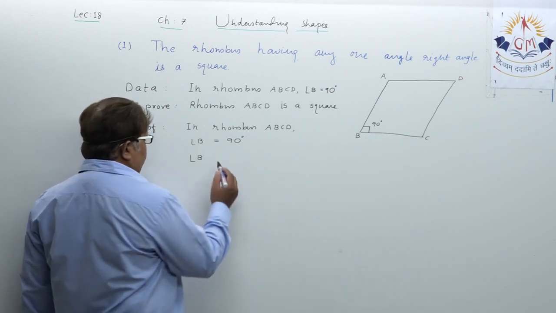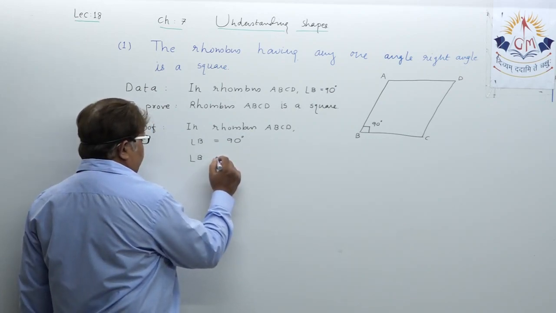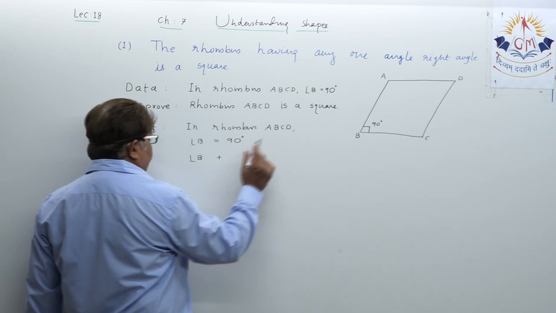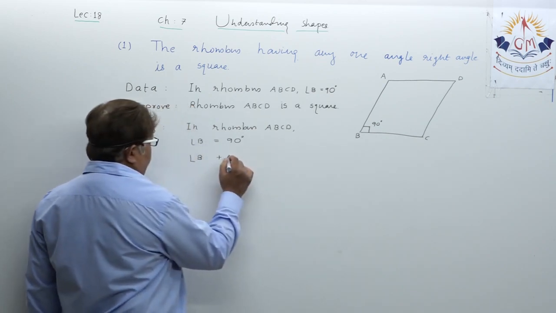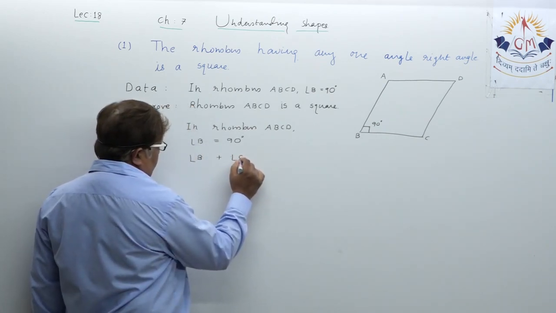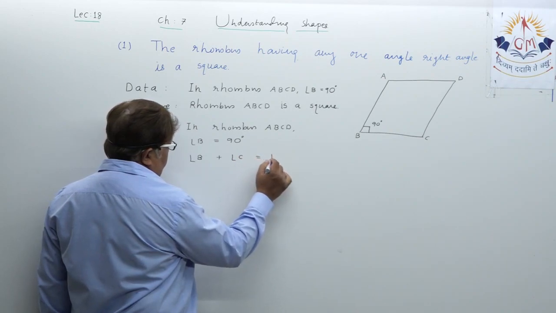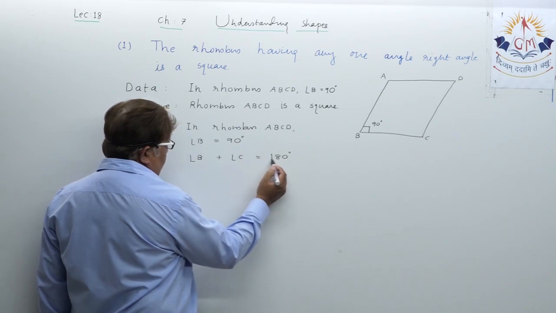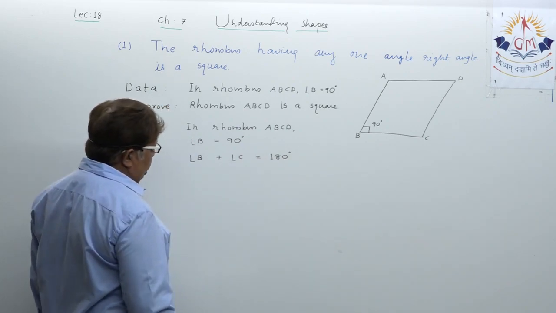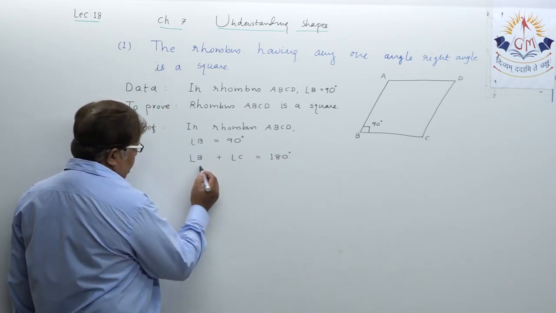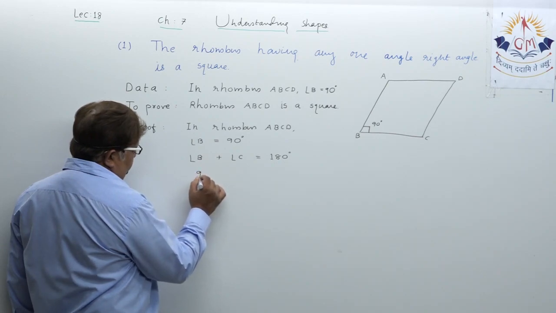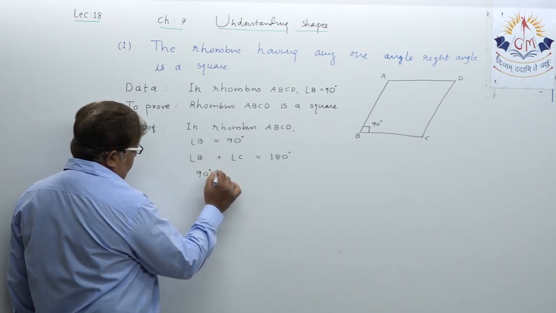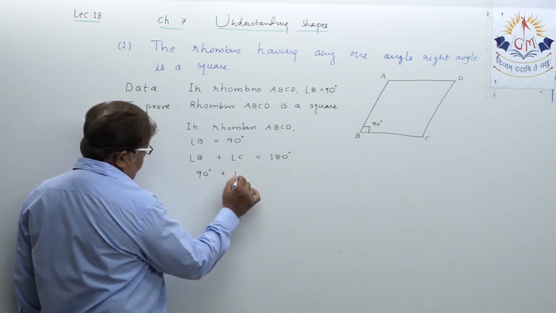Simply you can write, I am taking an adjacent pair of B with C. B plus C equal to 180 degree, as you all know. Any two adjacent angles are supplementary.